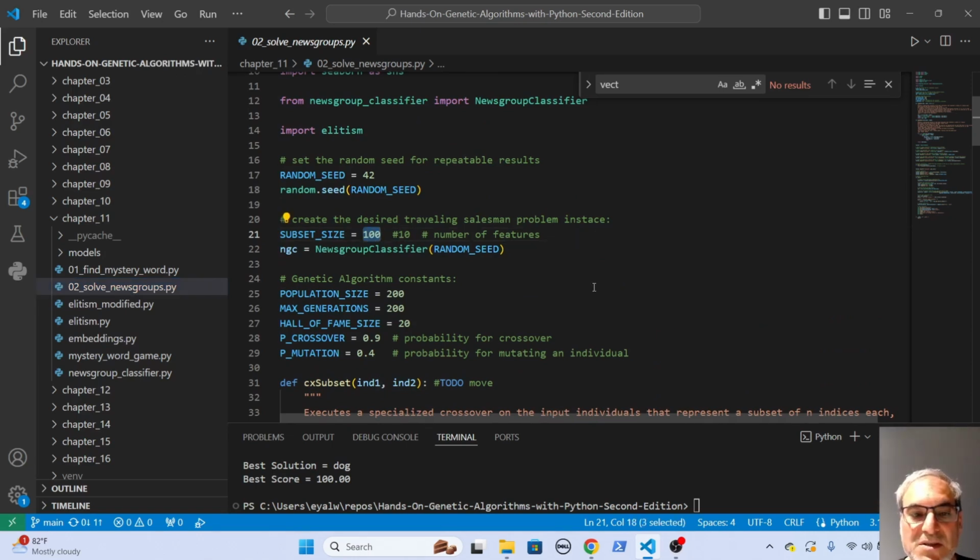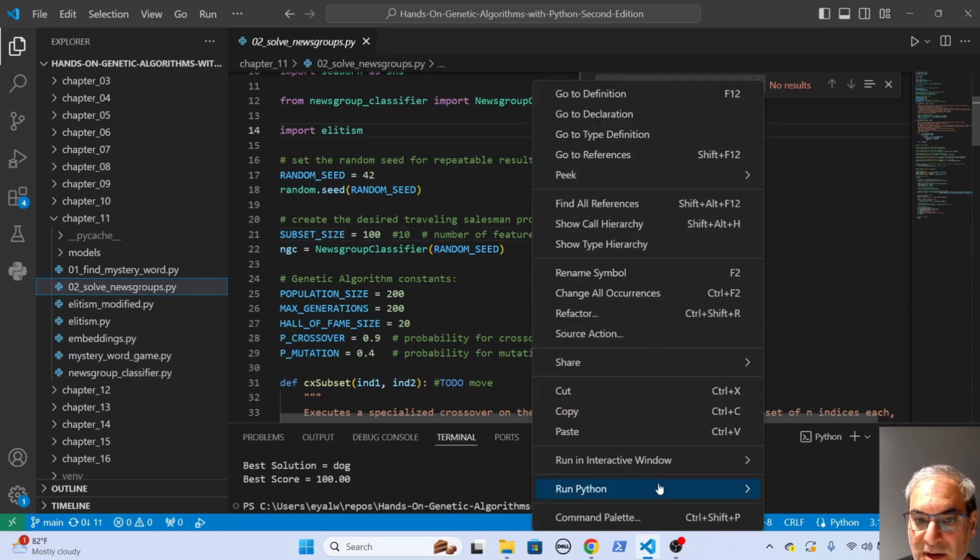Let's find the 100 that are the most important, and see if we can still get a good classification of the documents. And later on we will try with only 10. So when we are going with 100, we will run that, and it will take a while.